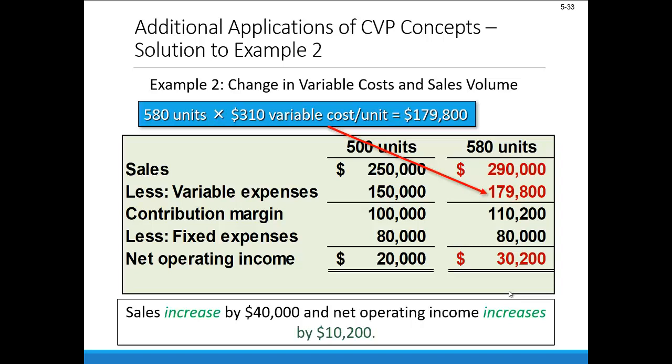So somewhere in Netflix corporate offices, someone was doing similar analysis to try to project what's going to happen if I could increase the price by $4 a month for subscriptions or whatever it was and lose 30,000 subscribers. What does that do to the bottom line? Those are the types of things that they can do with cost volume profit analysis more generally.